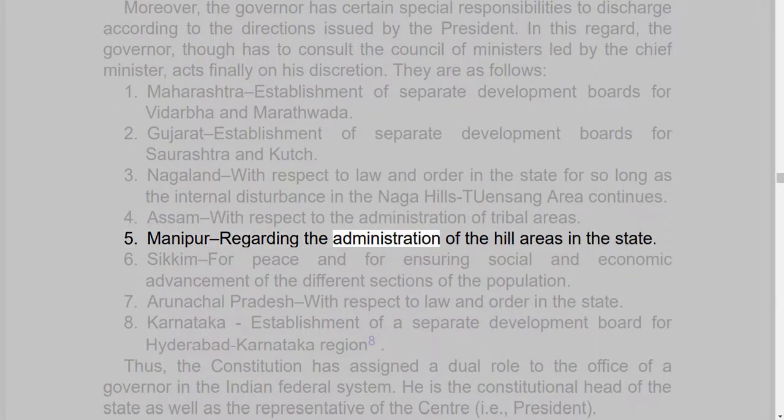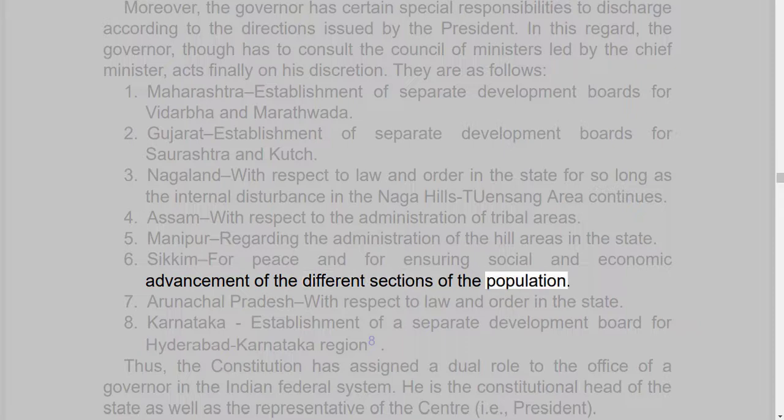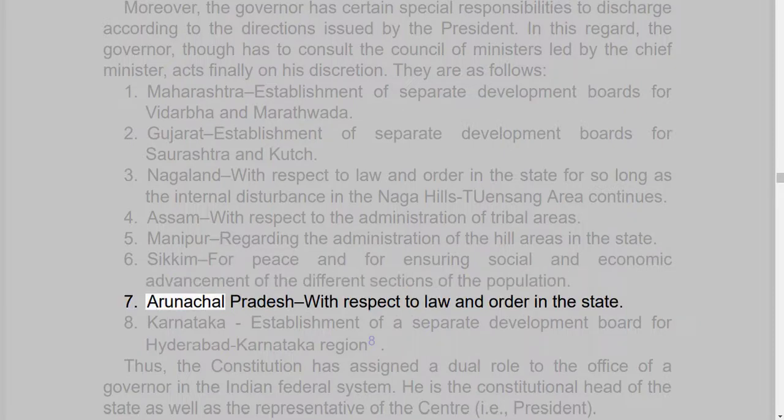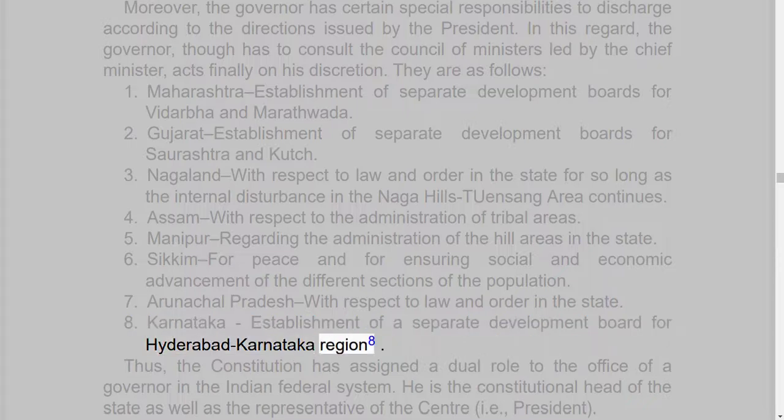Manipur, regarding the administration of the hill areas in the state. 6. Sikkim, for peace and for ensuring social and economic advancement of the different sections of the population. 7. Arunachal Pradesh, with respect to law and order in the state. 8. Karnataka, establishment of a separate development board for Hyderabad Karnataka Region.